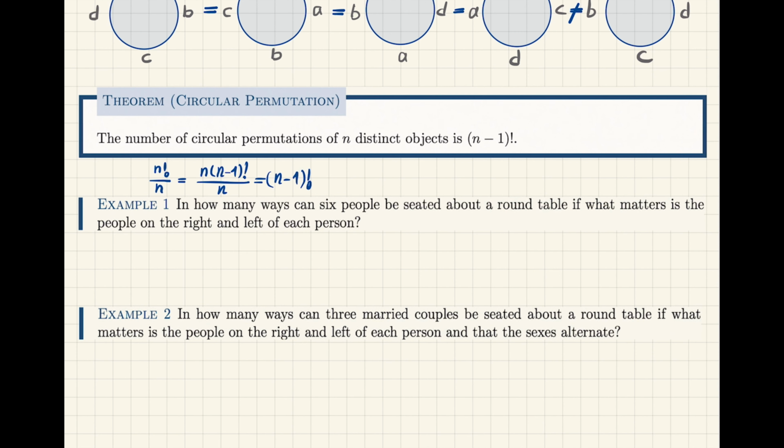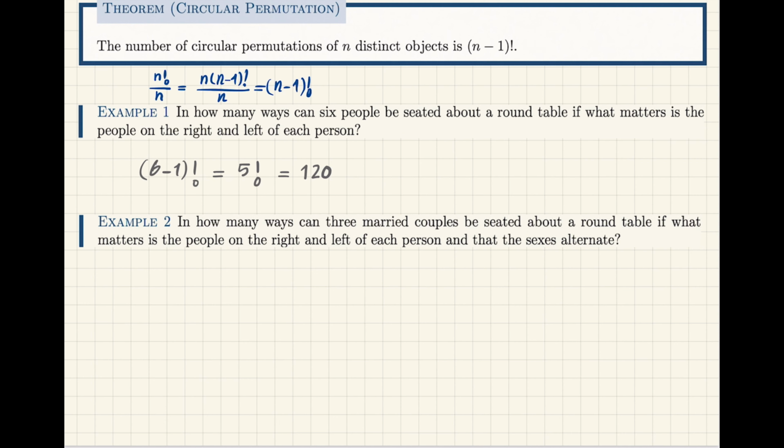Okay, now a more interesting example is example number 2. In how many ways can 3 married couples be seated about a round table if what matters is the people on the right and left of each person and that the sexes alternate? So we want to arrange them so that the sexes alternate.